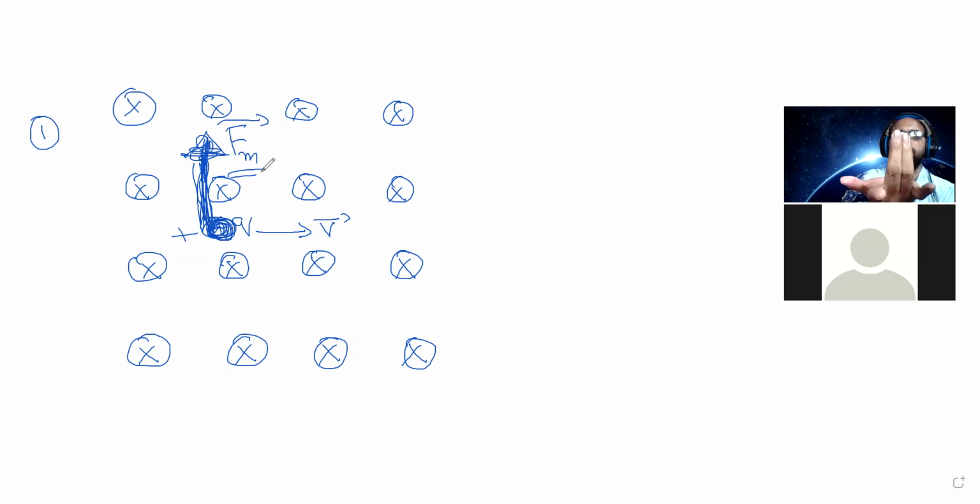Here in this case, it's like this: lift the fingers, and that shows the direction of the magnetic force. Hope you understand this one. Now, can I clear? This one understood?